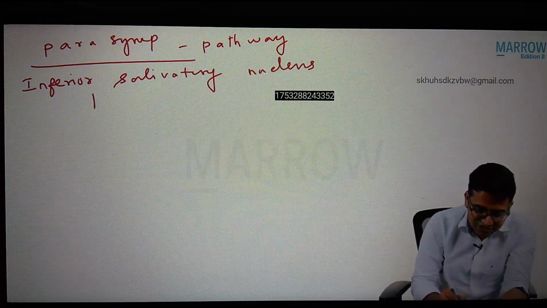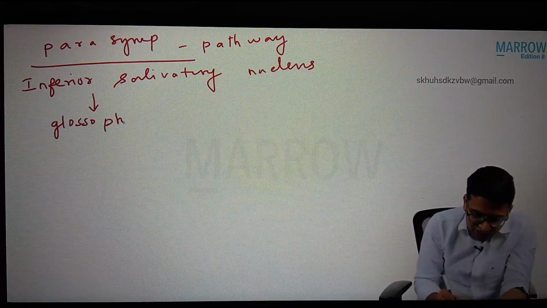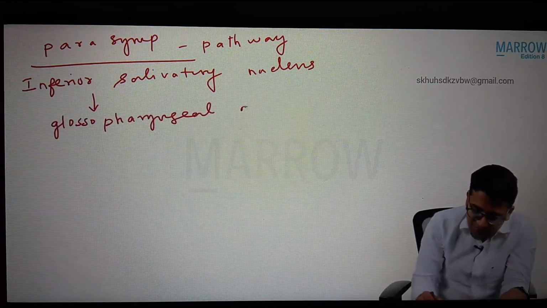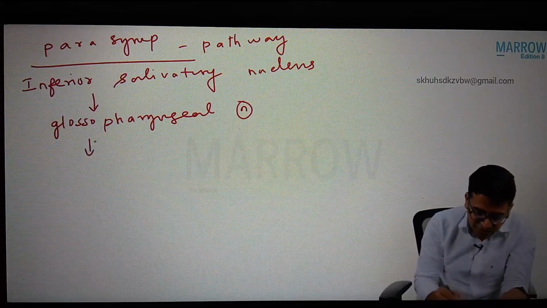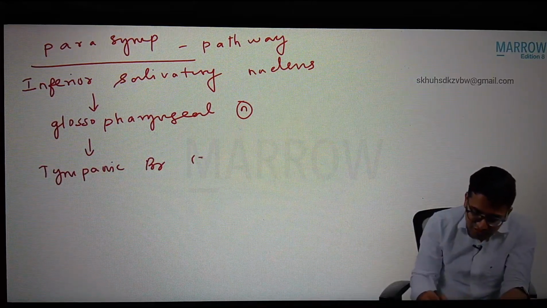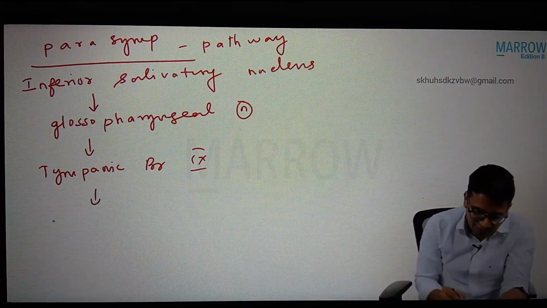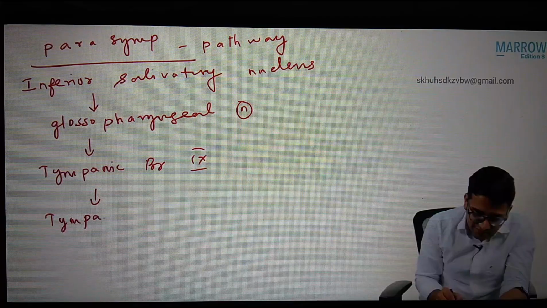Now, fibers from inferior salivatory nucleus are given to glossopharyngeal nerve, ninth nerve. From glossopharyngeal nerve, the fibers are given to the tympanic branch of glossopharyngeal nerve. Again, from there, the fibers are given to tympanic plexus.